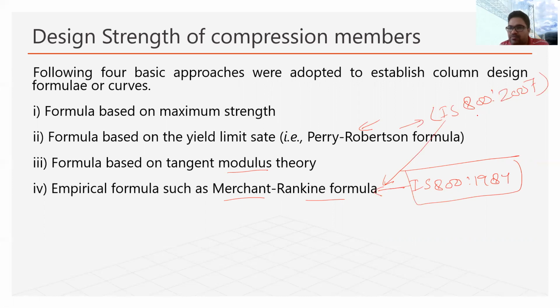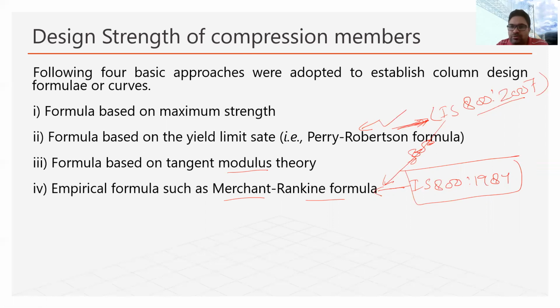And our current version of the IS code is based on this theory. So the second approach is used in our latest code, while the fourth approach was used in our previous version of the code. Now the formulas that we will see will be based on this theory.